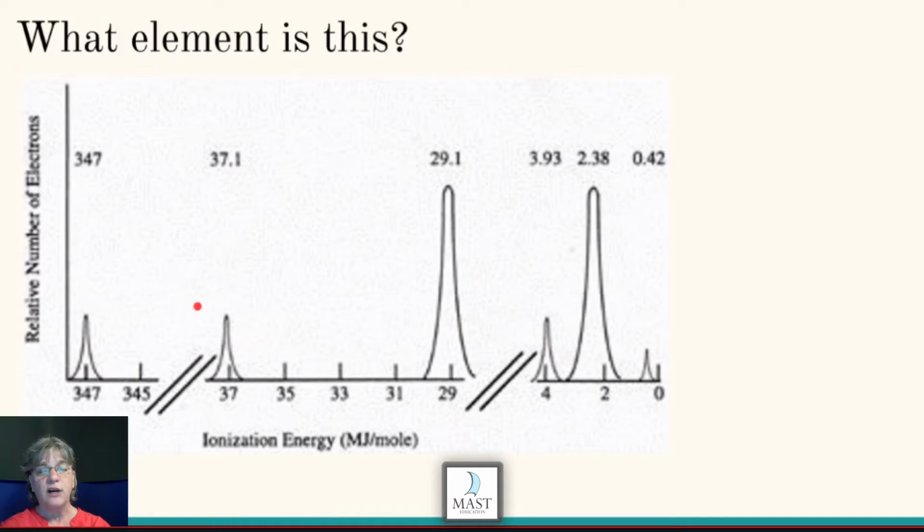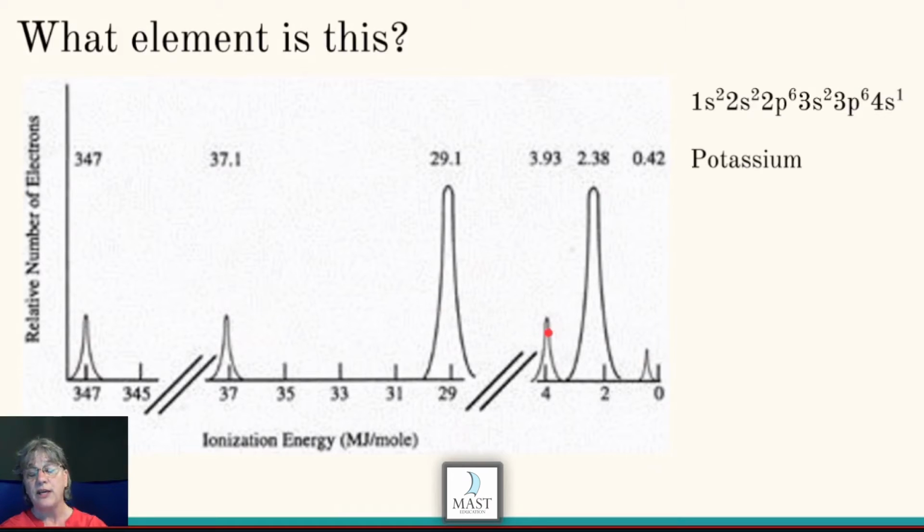We have 2 electrons in these medium-sized peaks, 6 in the tallest, and this peak is half the height of the other s sublevels, so it has just 1 electron. This would be 1s2, 2s2, 2p6, 3s2, 3p6, and 4s1. This configuration represents the element potassium.